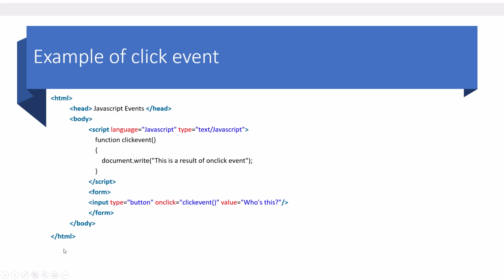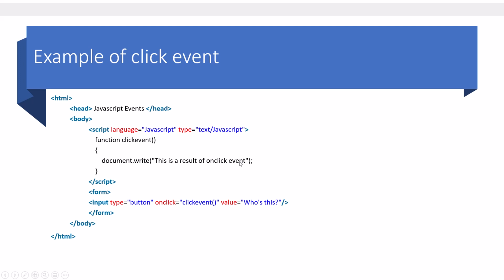So I have this HTML code. Inside that I have the JavaScript code also, with one function which is click event, and we are using this onclick event handler here on the button, which is an input type button. So on this onclick event, this will call the function we have in JavaScript, which is clickEvent, and when we click the button, it will give the result as this statement.